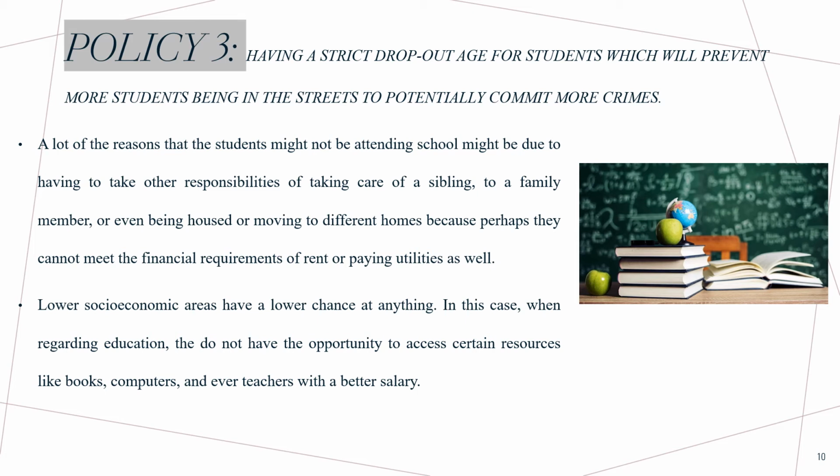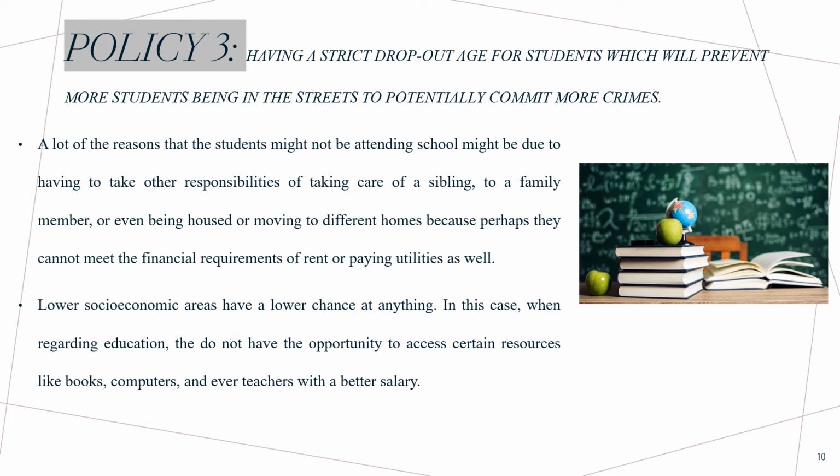A lot of the reasons that students might not be attending school may be due to having other responsibilities. Some of these responsibilities include having to take care of a sibling or a family member, or even moving between different homes because perhaps they cannot meet the financial requirements such as rent or paying utilities.